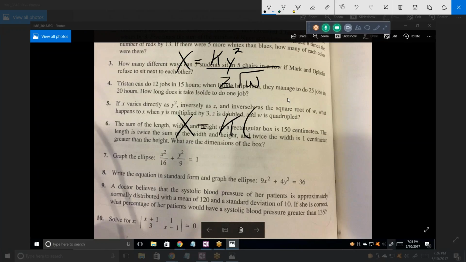Y is multiplied by 3. Z is doubled, so 2z. And w is quadrupled. What does the square root of w quadrupled equal? Square root of w squared.